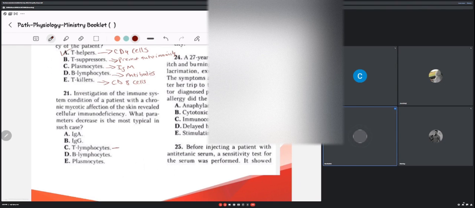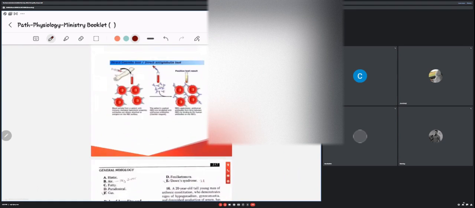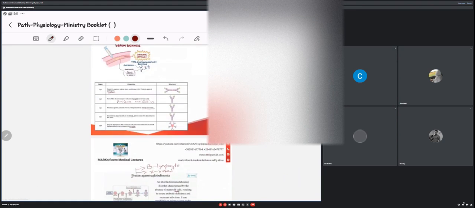immunodeficiency. Okay, cellular immunodeficiency. This is still talking about the kind of reactions too. Here I talked about acid, right?